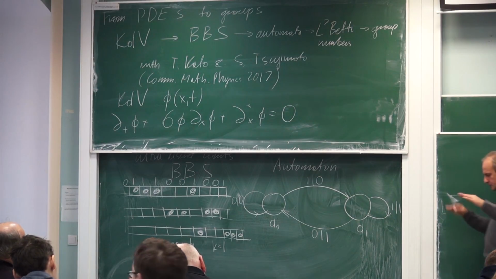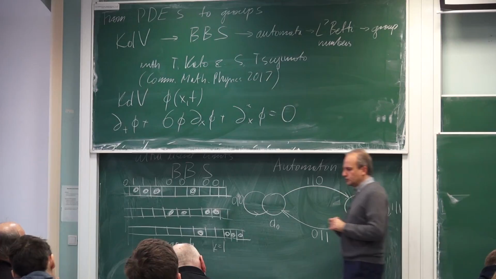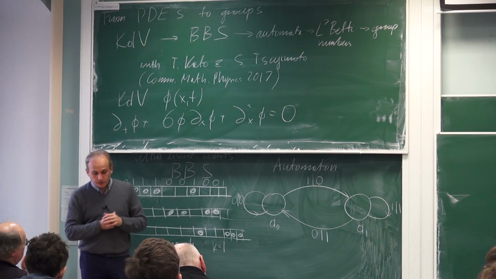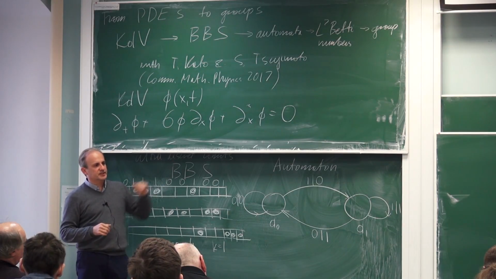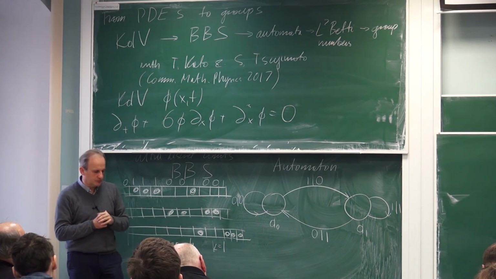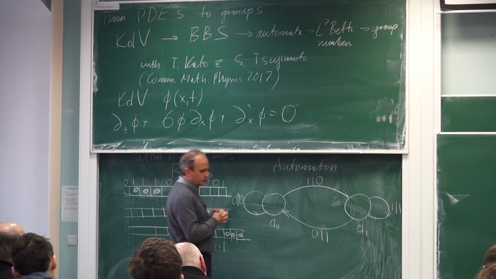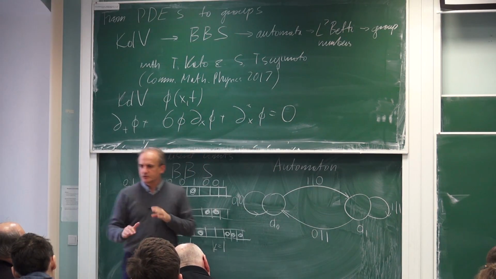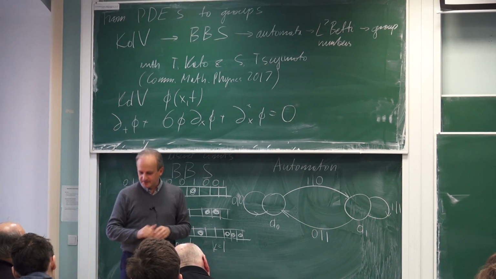In this talk I would like to present on two levels. On the one level, I'll describe just this procedure, how you can find this group, and it will be really elementary. So there is no excuse not to understand.